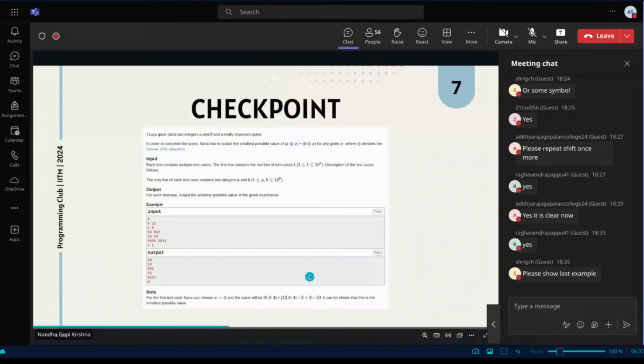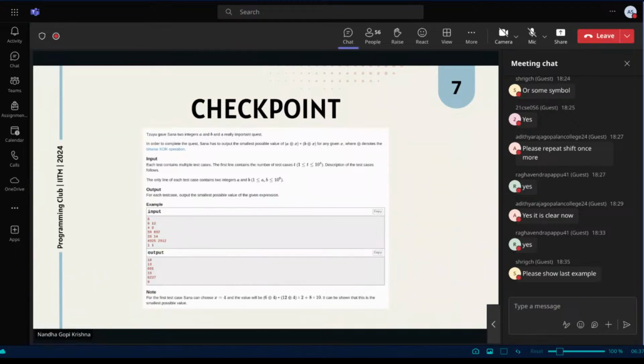So I'll give you a couple of minutes, type your answer in the chat for what is the answer or what code you might use to find out the smallest possible value. I hope the question is clear. I'll repeat it again. You're given two integers a and b.